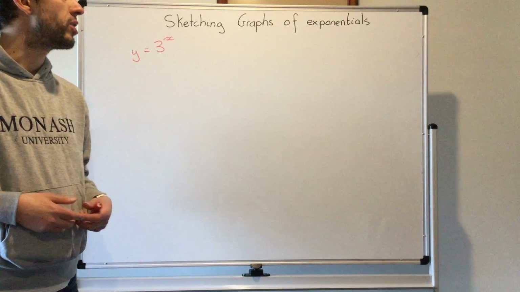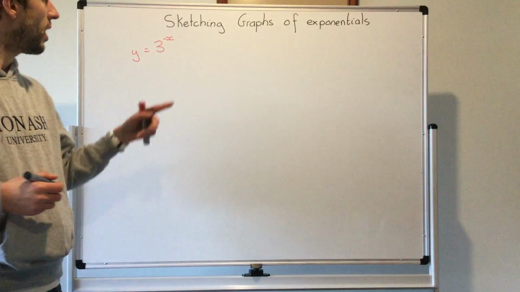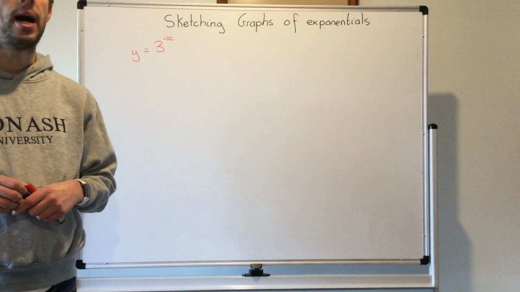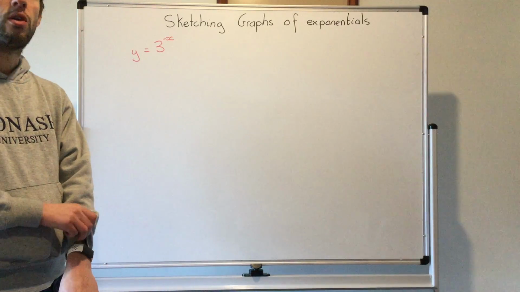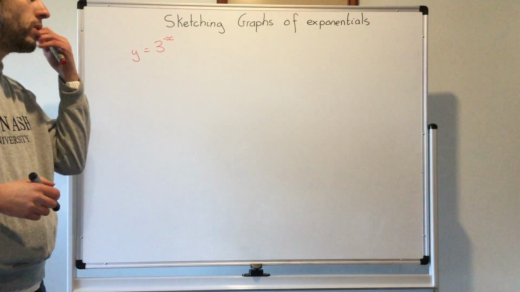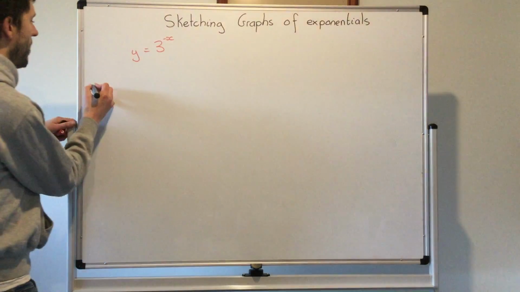So we are looking at sketching graphs of exponential equations. I've got y equals 3 to the power of negative x. To start off, the first thing we need when graphing exponential equations is a table.